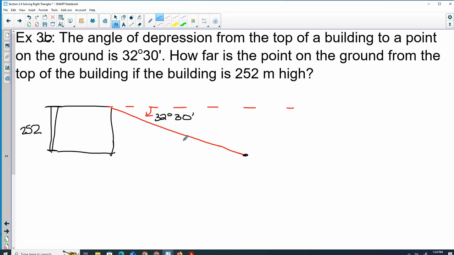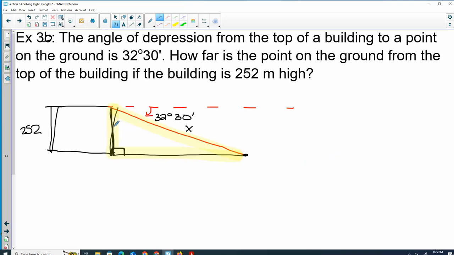So I am looking for this triangle. And which side of that triangle am I trying to find? Because I want to know how far the point is from the top of the building, we are looking for our hypotenuse here.